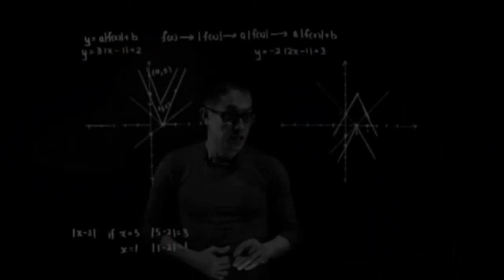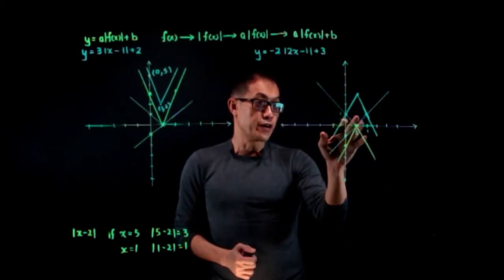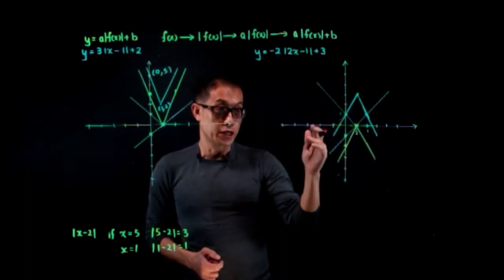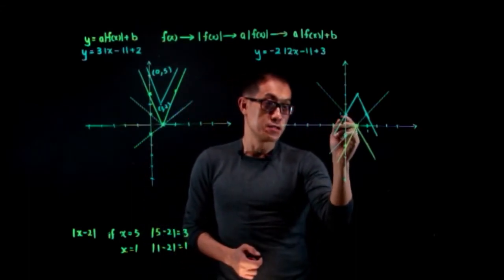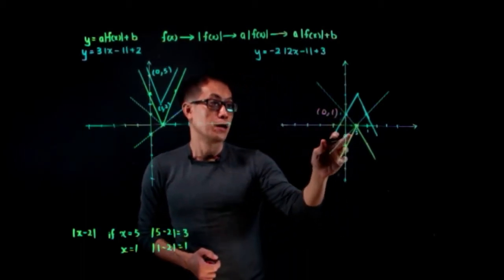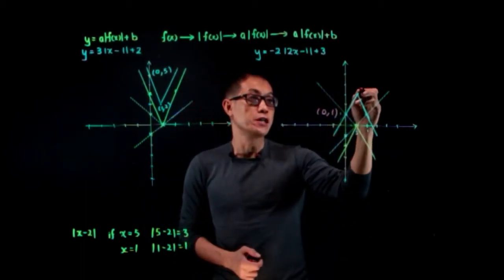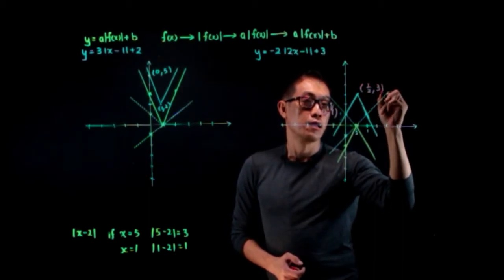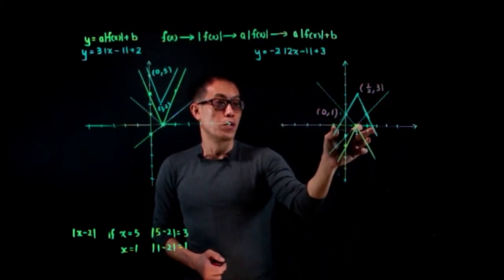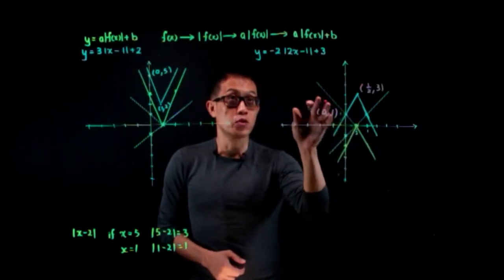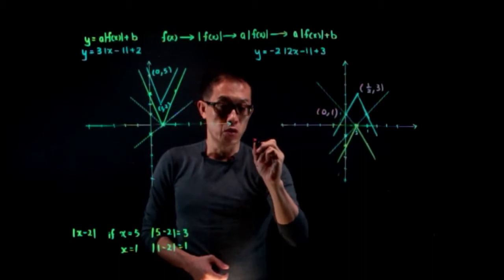Alright. Now let's find the coordinates of the critical point. Now this is 0, 1. This is half, 3. Now how about the x coordinate? Now to find the x coordinate, we equate y to 0.